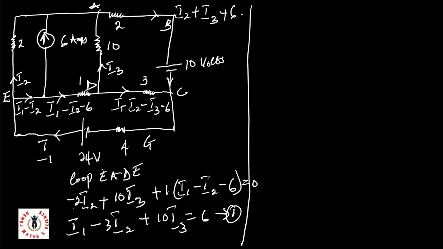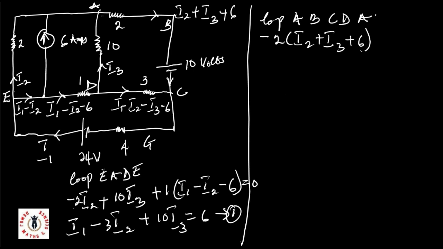The second loop we'll look at is the loop A, B, C, D, and back to A. Now from A to B, we have a 2 ohm resistor. That's minus 2 into I2 plus I3 plus 6.